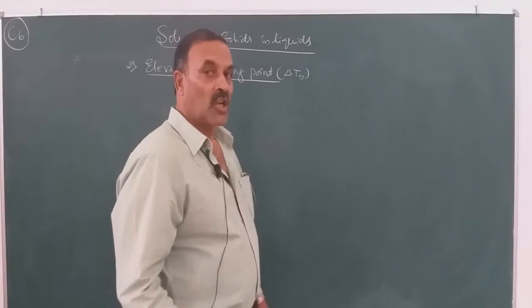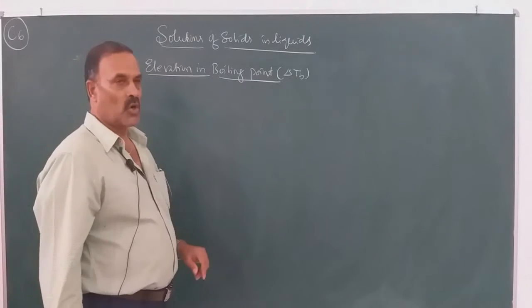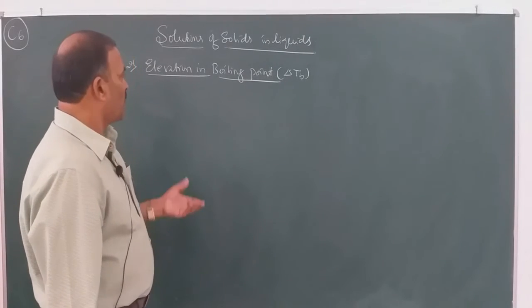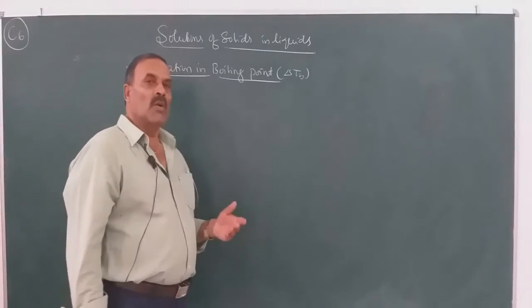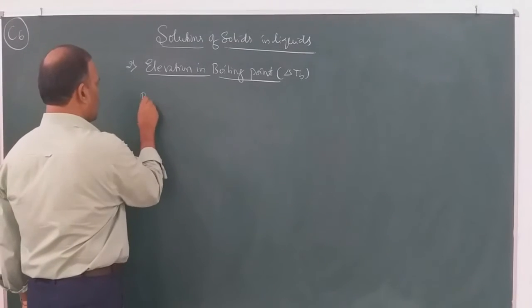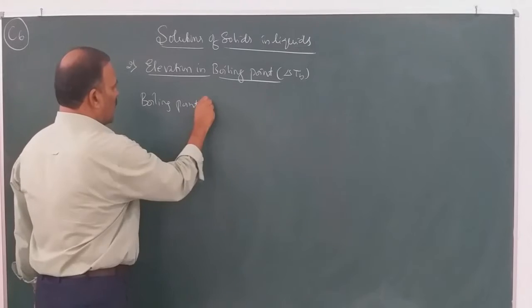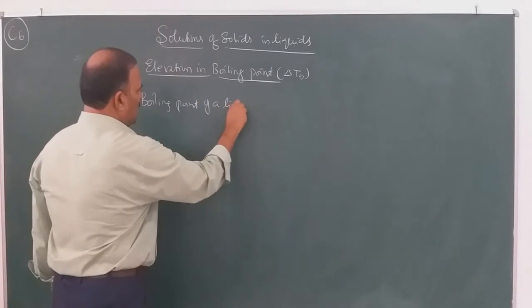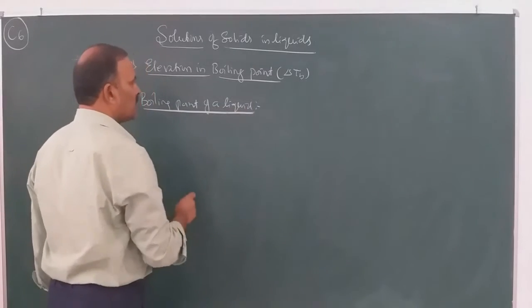The second colligative property is elevation in boiling point. So before going to know what is elevation in boiling point, we will understand what is boiling point of a liquid. Boiling point of a liquid. What is boiling point?